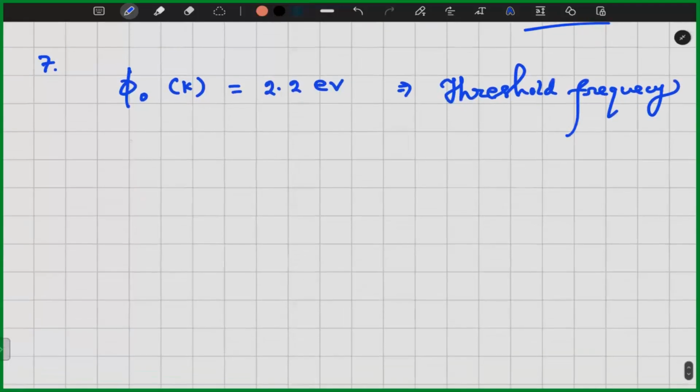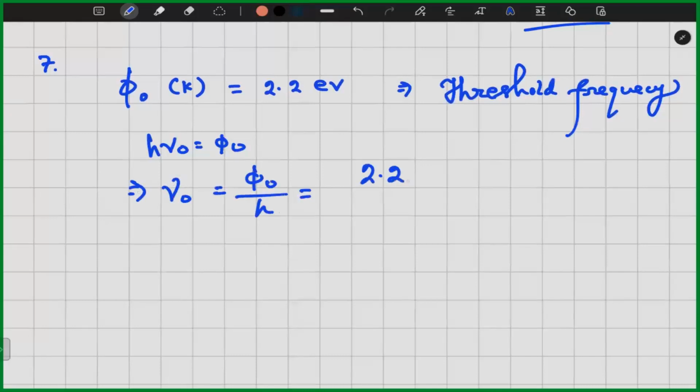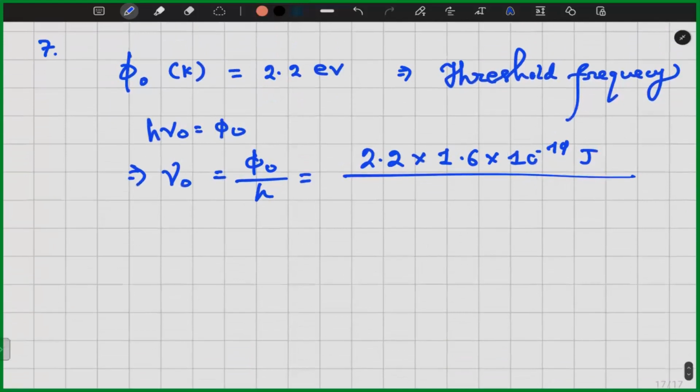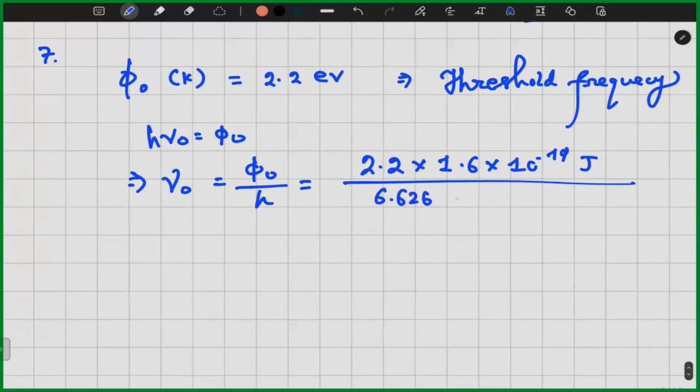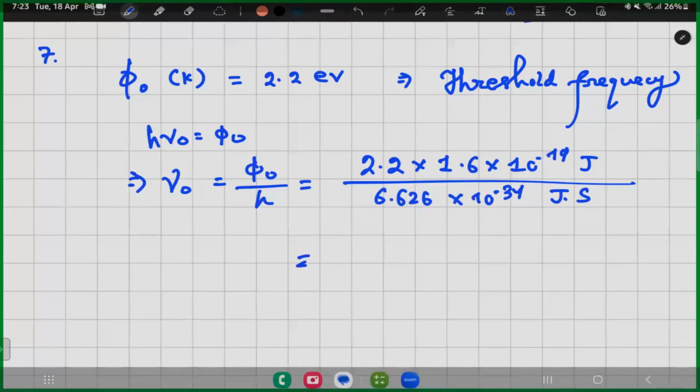Okay, so we know that h nu 0 is equal to phi 0. So nu 0 will be phi 0 by h. So phi 0 is 2.2 into 1.6 into 10 to the power minus 19 joule, and h is 6.626 into 10 to the power minus 34 joule second. So it will be 2.2 into 1.6 divided by 6.626.